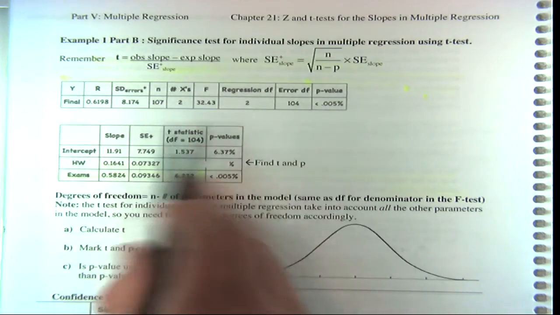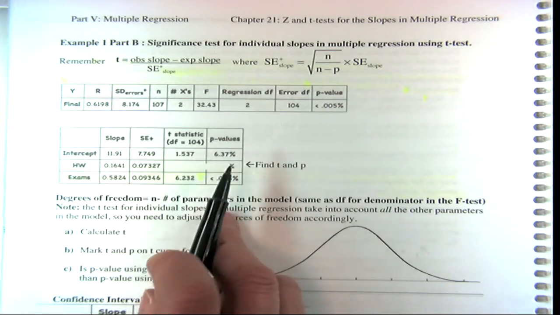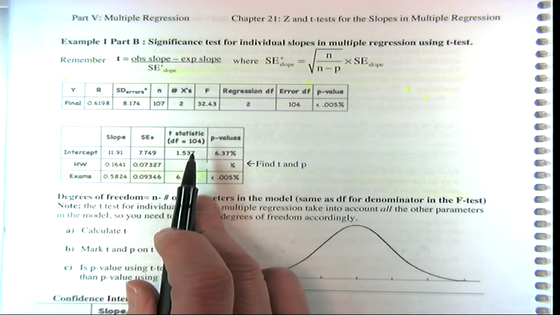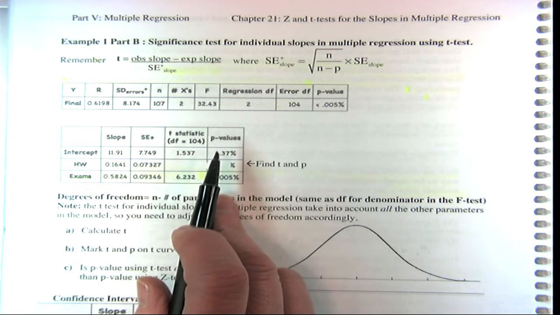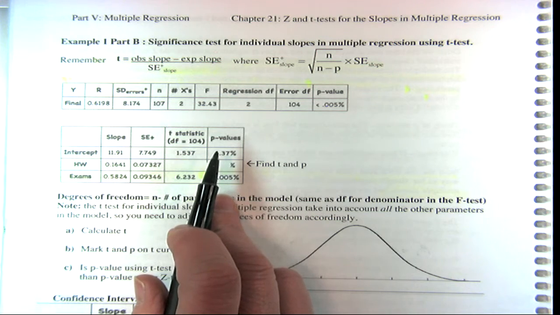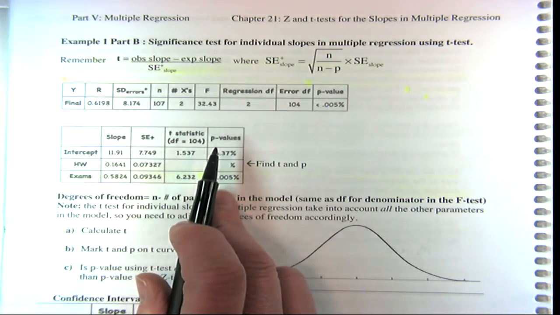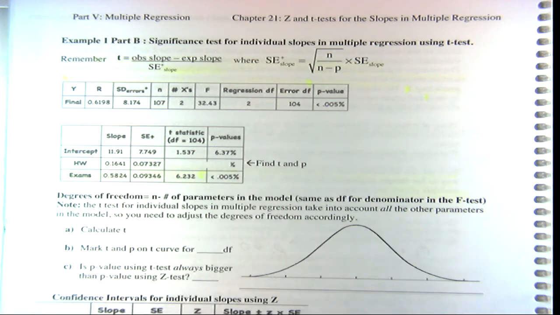All right, so that's one difference. But the bigger difference is that the t-curve has fatter tails. So there's going to be a bigger p-value because it has fatter tails.